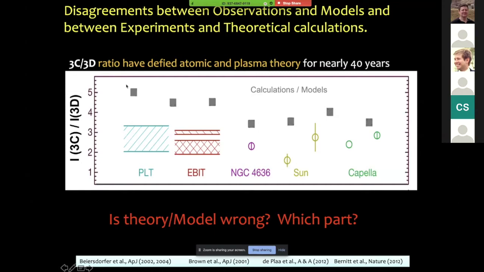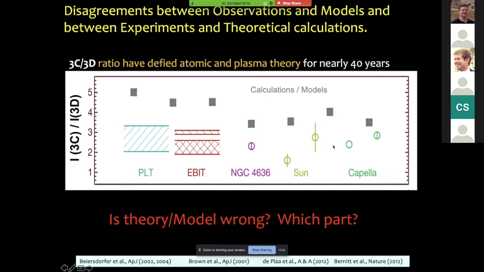On top of it, you see on these gray squares several 3C/3D values from calculation and model. What you can see is that the calculated and model values are consistently higher than any of the experimental values or the observations.